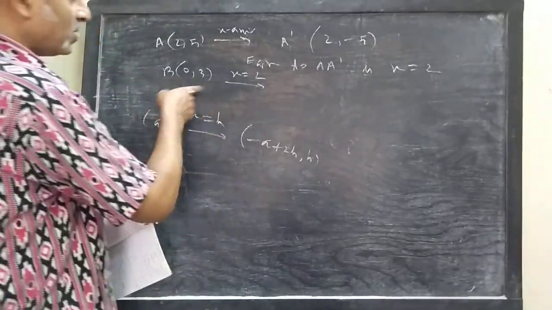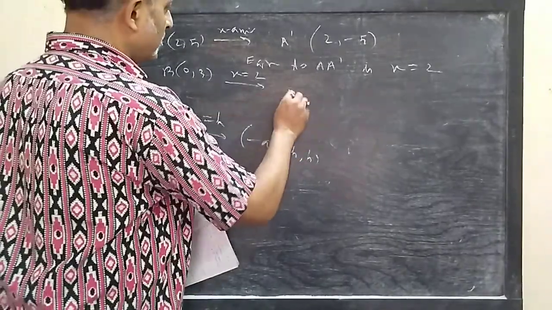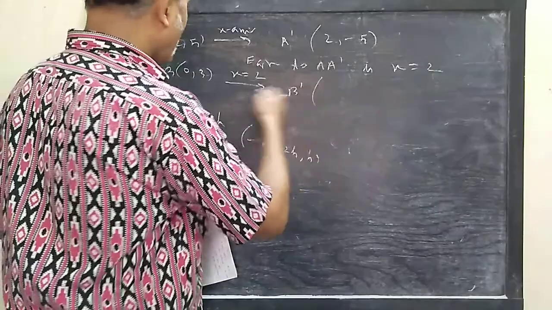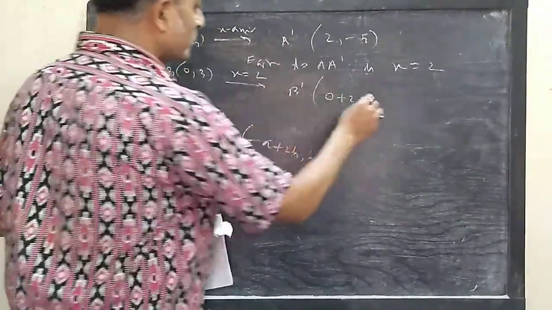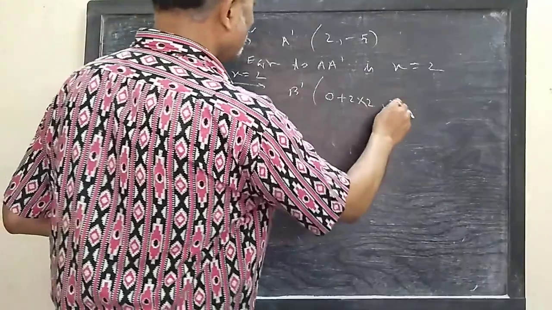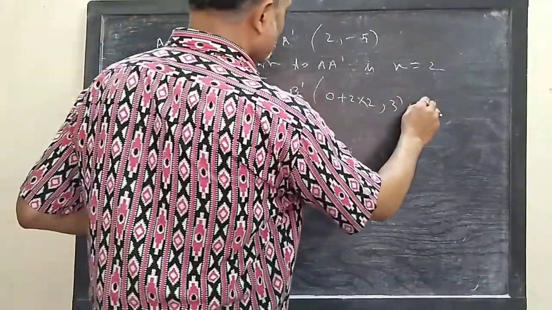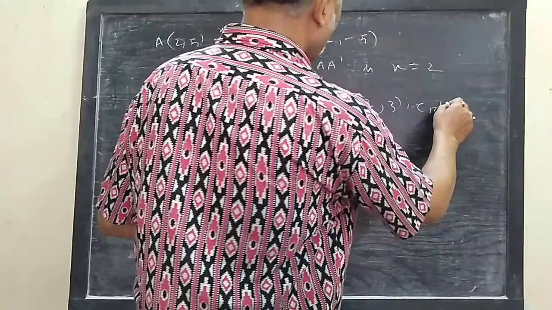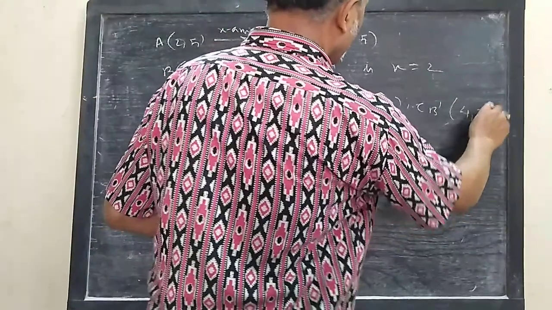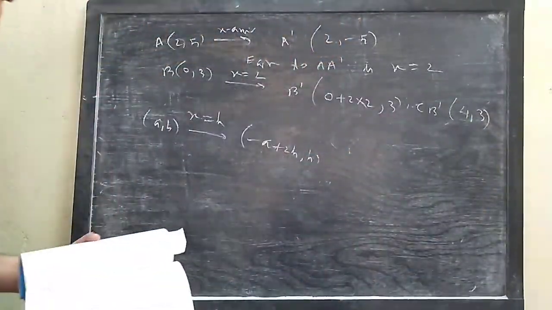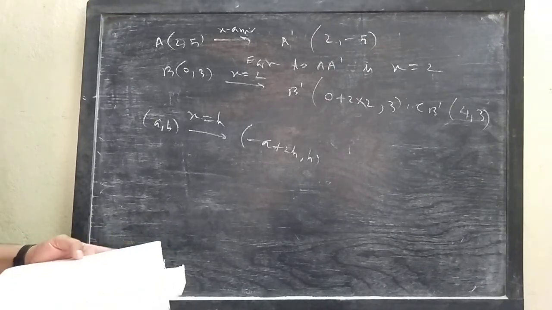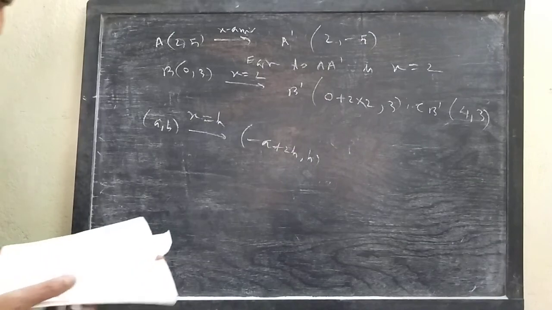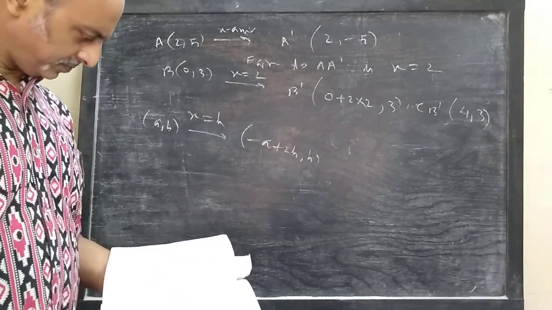So when (0, 3) is reflected in x equals 2, then it goes to B dash: -0 is the same as 0, plus 2 into h, which is 2 into 2, comma 3. That is, here B dash will be (4, 3). Simple.